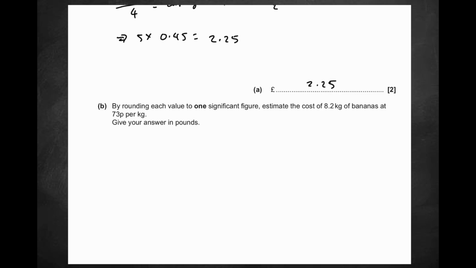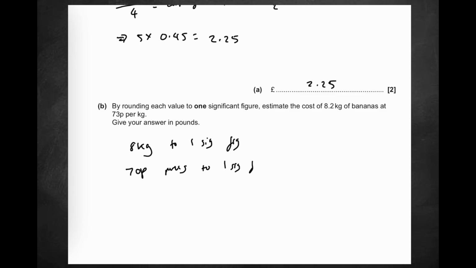Part B. By rounding each value to one significant figure, estimate the cost of 8.2 kilograms of bananas at 73p per kilogram. Give your answer in pounds. So one significant figure of 8.2 kilograms is just going to be 8 kilograms. 73p per kilogram to one significant figure is 70p per kilogram.